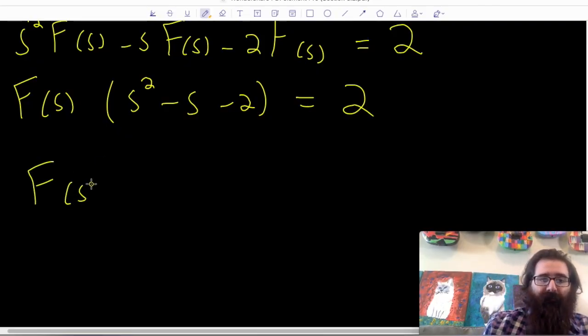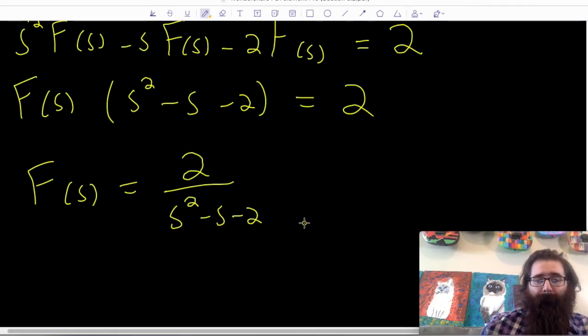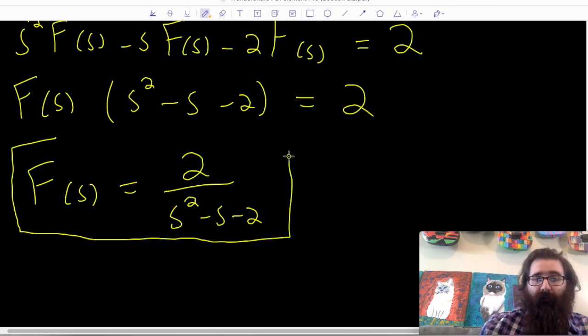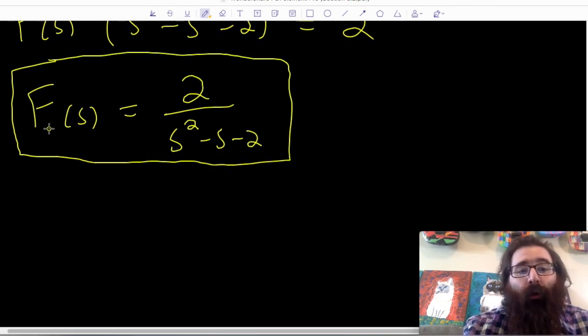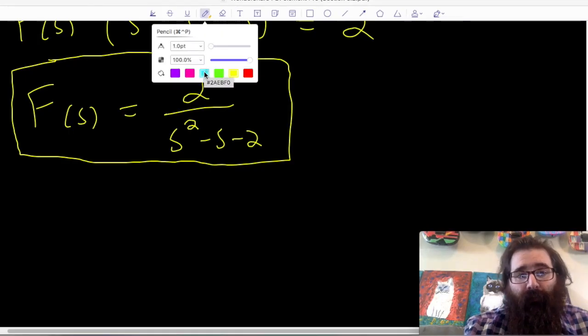So big F at s equals 2 divided by s squared minus s minus 2. And I want to look at this a little bit more in depth. But so this is where I am now. This is not a solution yet. Got to keep working with it, but almost to a good spot with this.